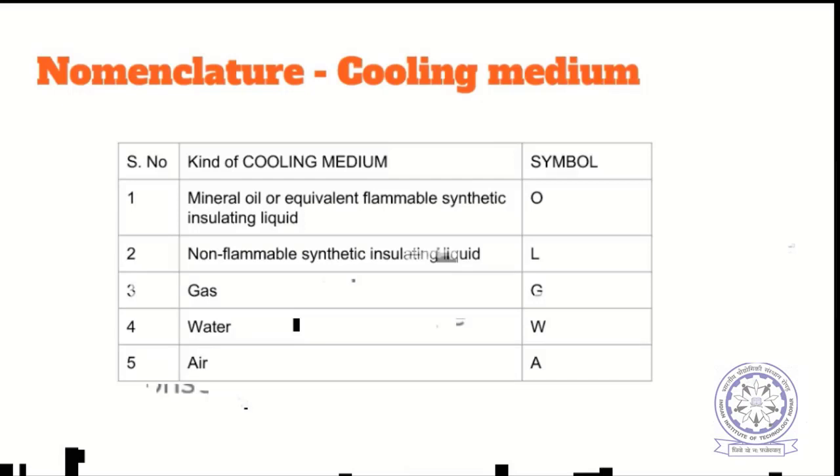So, for the first item, that is mineral oil or equivalent flammable synthetic insulating liquid. Actually, the so-called petroleum oil is also flammable, but we have to choose oil in such a way that it has a high flash point temperature. So for these flammable synthetic insulating liquids, we use O as the symbol.